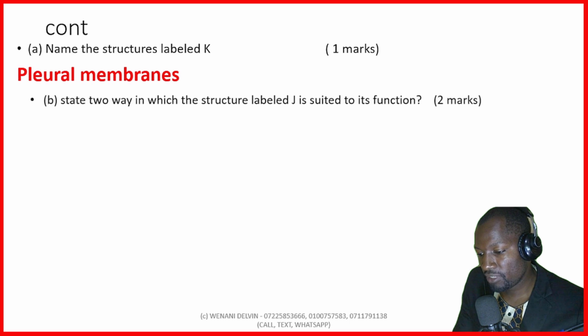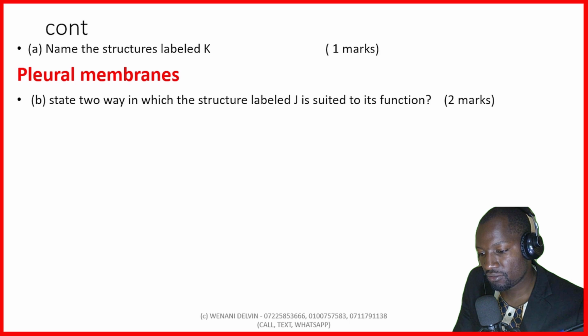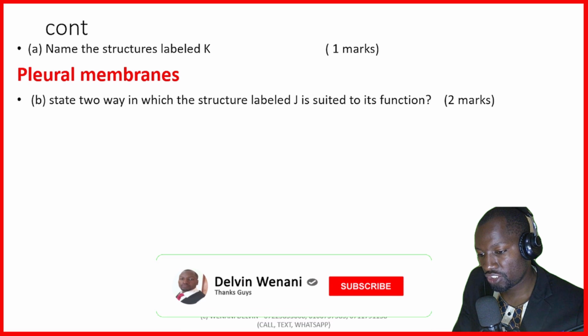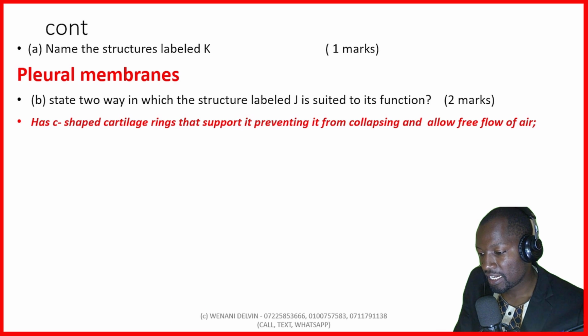State two ways in which the structure labeled J is suited to its function. So J is here. How is it suited to its function? Number one, it has C-shaped cartilage rings that support it, preventing it from collapsing and allowing free flow of air.